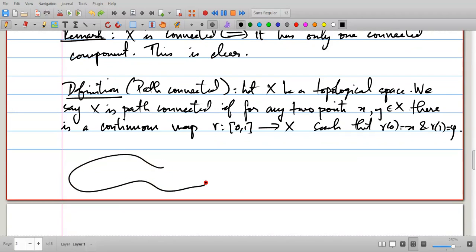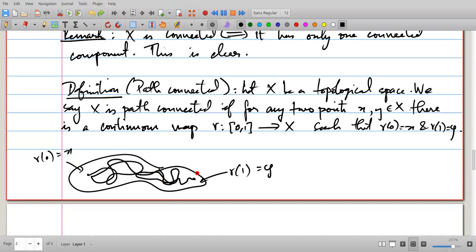Yeah, so the picture can look something like this. This is X, this is small x. So this is gamma of 1, this small y. And gamma can be any complicated path.